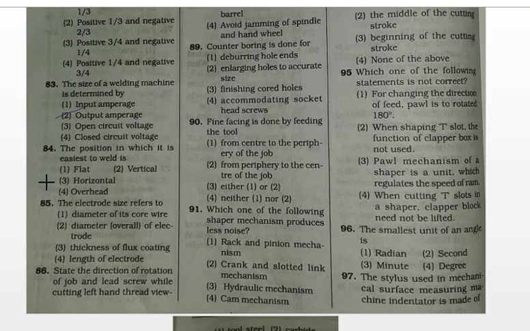The position in which it is easiest to weld is flat. The electrode size refers to diameter of its core wire.